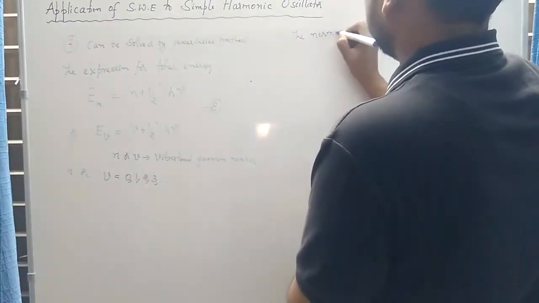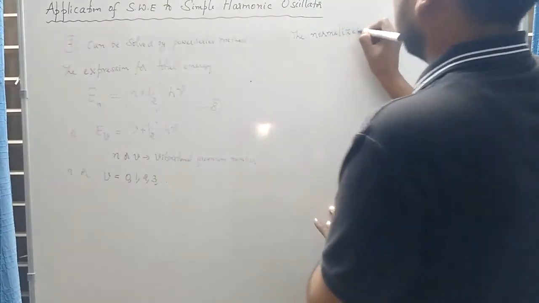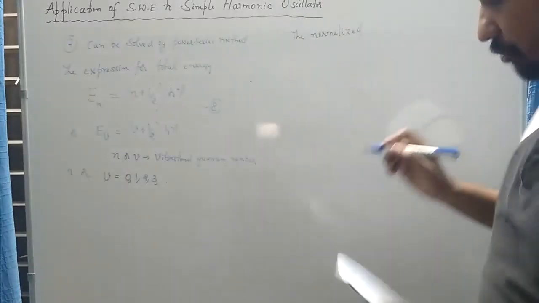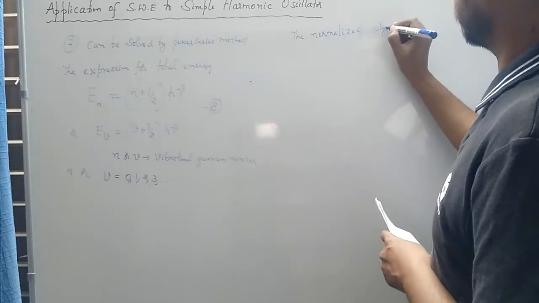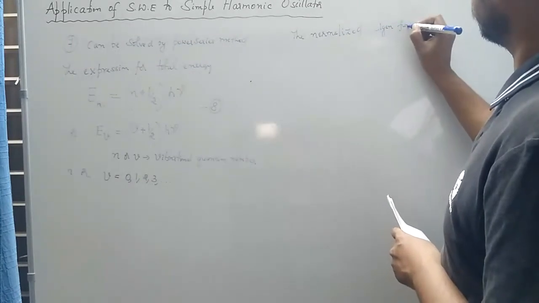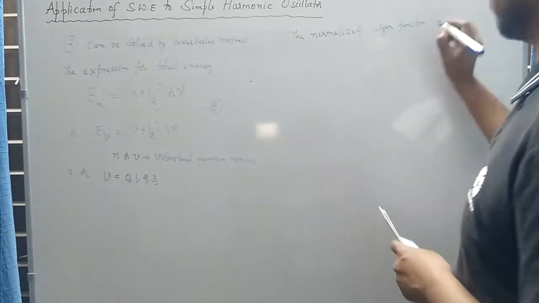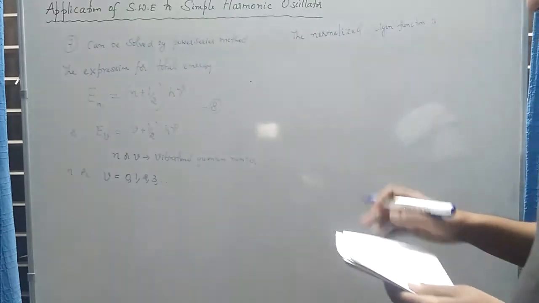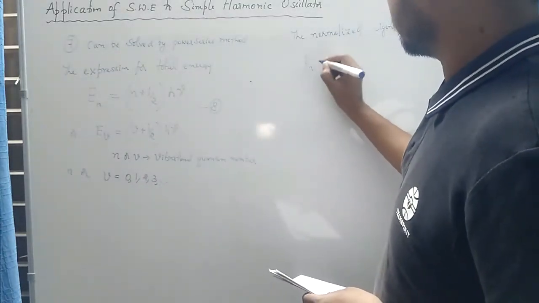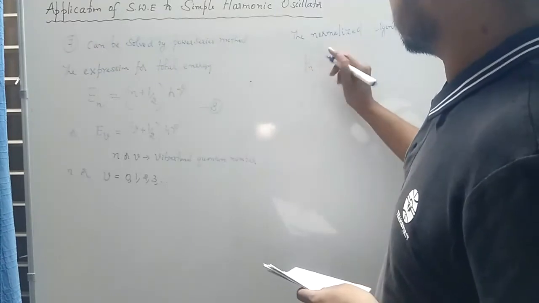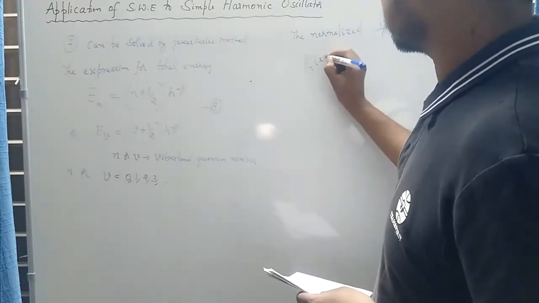The normalized eigen function for the simple harmonic oscillator is given by psi n of x.